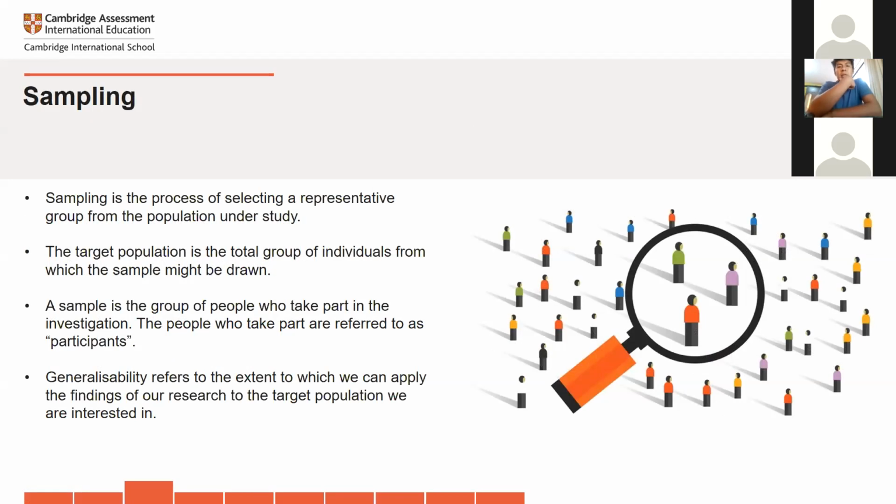What is sampling? Sampling is the process of selecting a specific group out of a larger group of individuals for studying purposes. Okay. The target population is the total group of individuals from which the sample might be drawn.